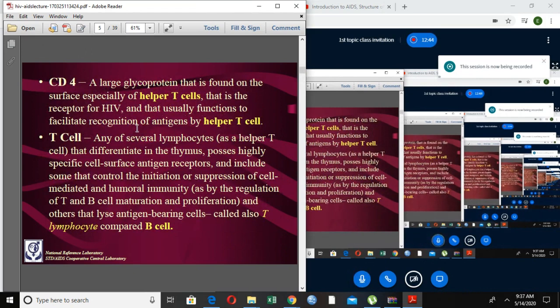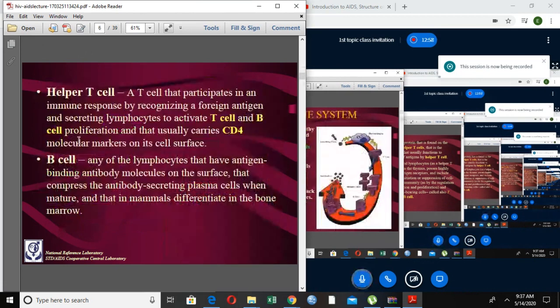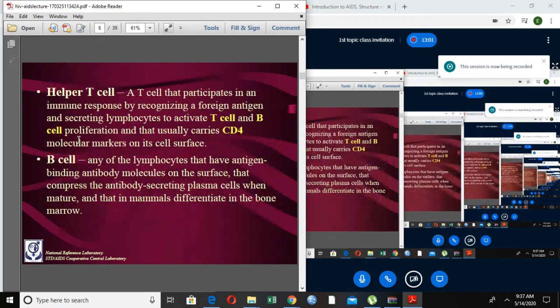Helper T cell is an example of a T cell, but our main concern here is this T cell, because it normally houses the CD4 cell that helps it to recognize antigens that are foreign. So once it recognizes the antigen, it will activate the B cells.